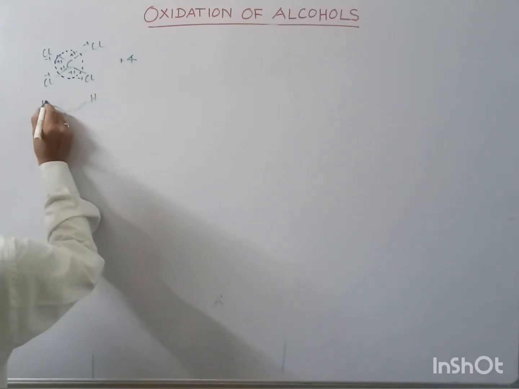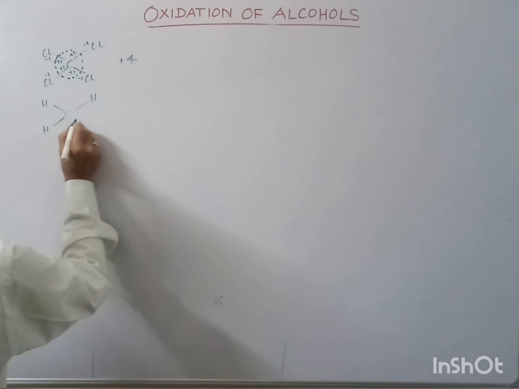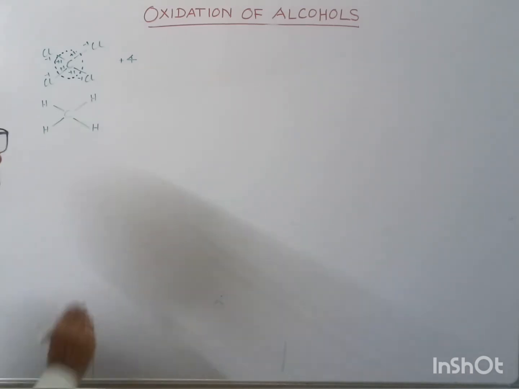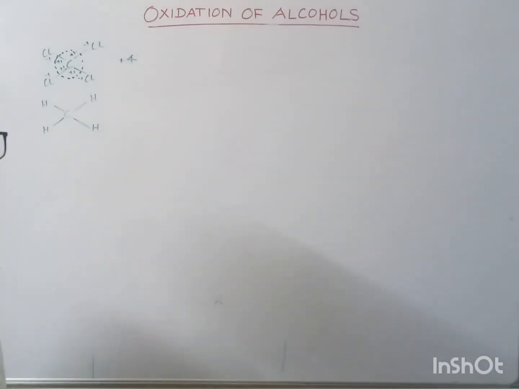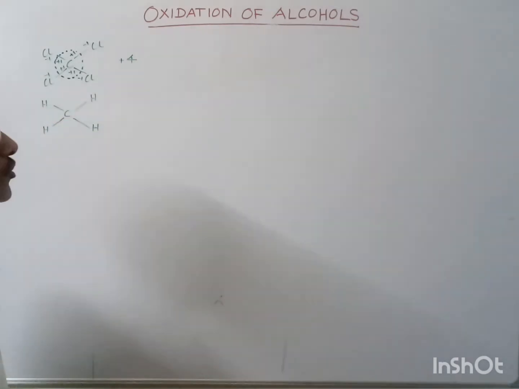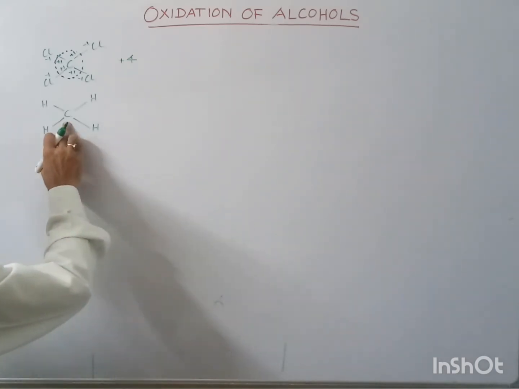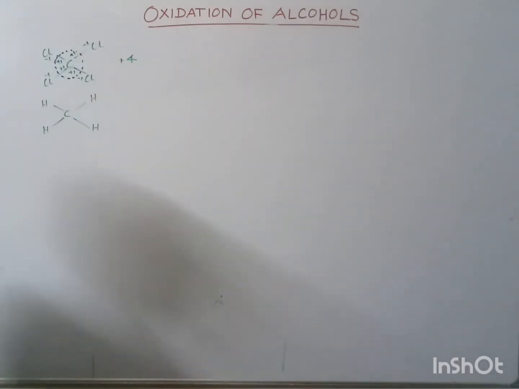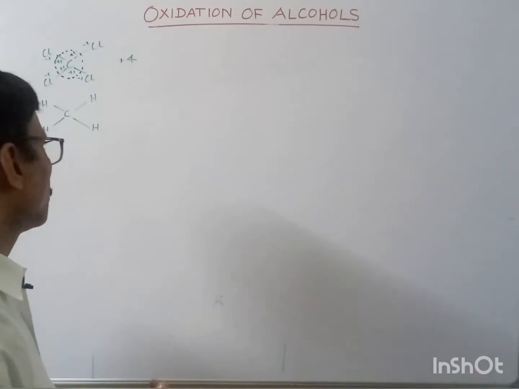Now in the same way, if you want to find the oxidation state of carbon in CH4, we know that carbon is more electronegative than hydrogen. Carbon has an electronegativity of 2.5, hydrogen 2.2.